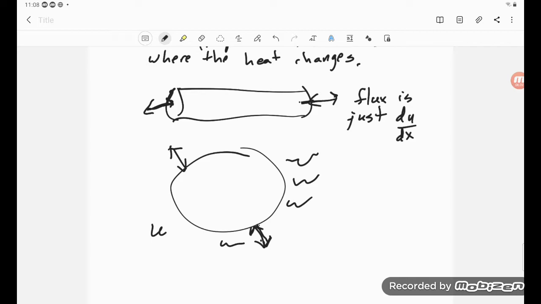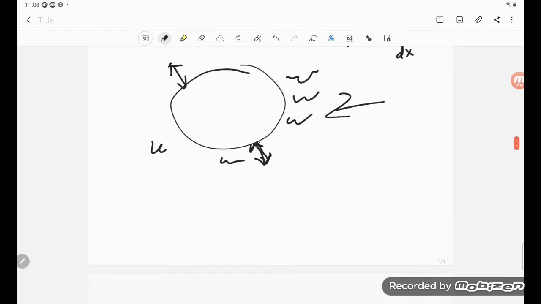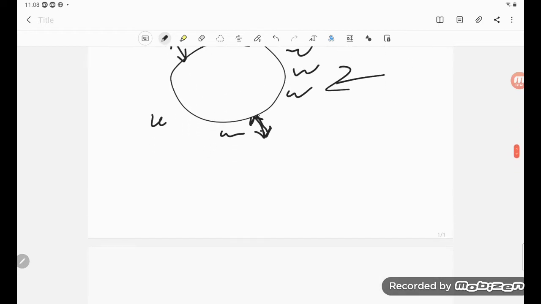Okay, and we won't worry about this stuff down here. So that's one thing about the flux.